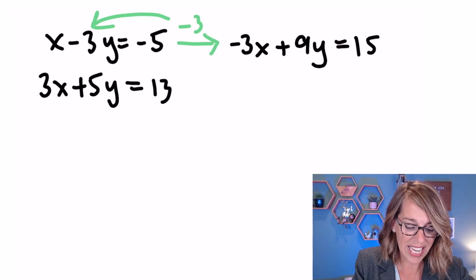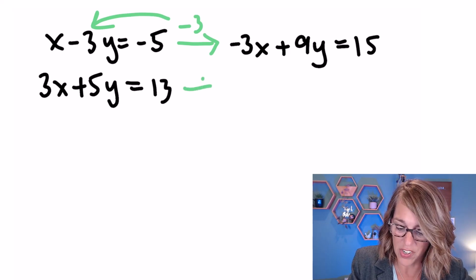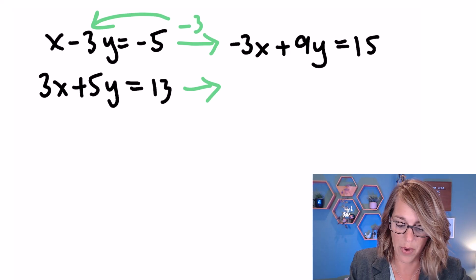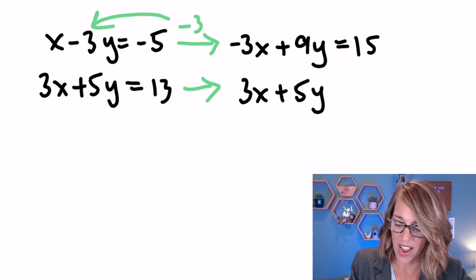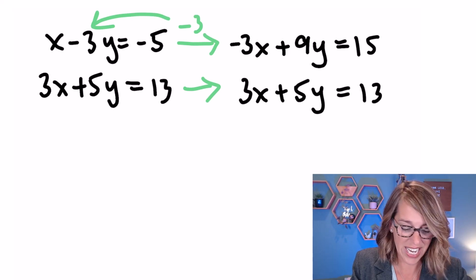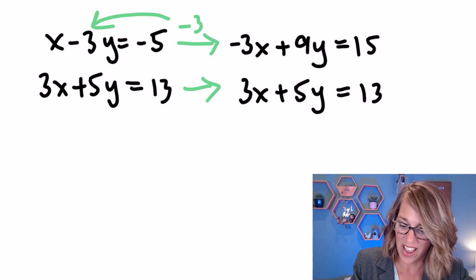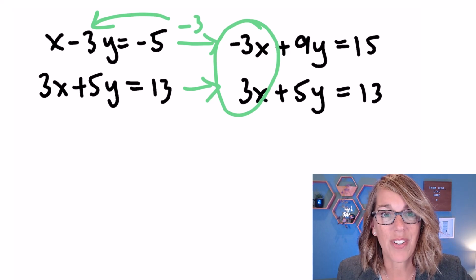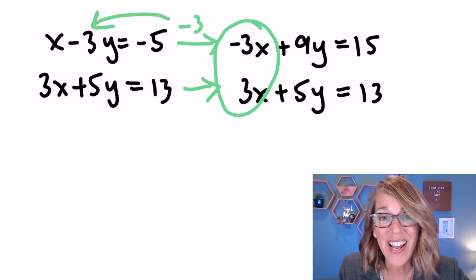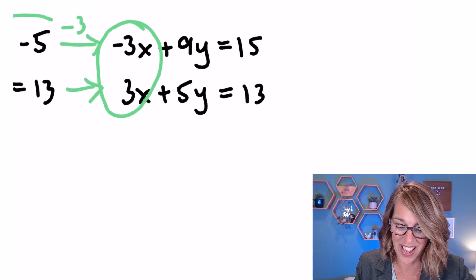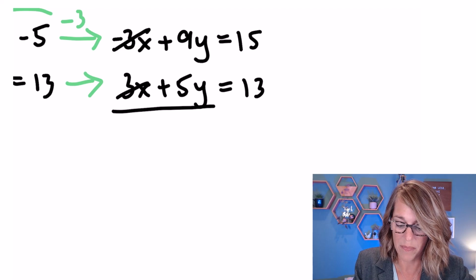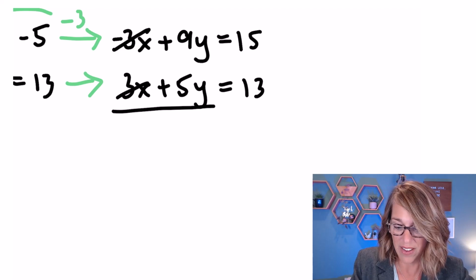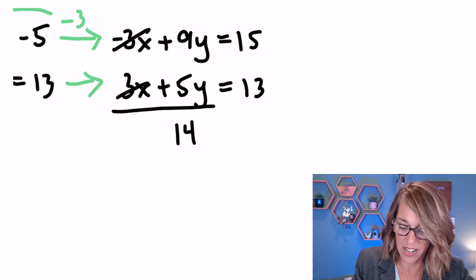Now I don't need to make any changes to my other equation, so I'm just going to bring that one over. 3x plus 5y is equal to 13. Now you can see that I've got those opposite coefficients on the x's, and I'm ready to add these two together. So as I'm adding these together, my x's are going to cancel, -3 and 3. 9 plus 5, that's going to give me 14y.